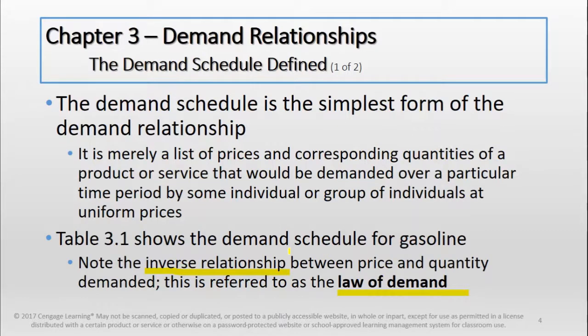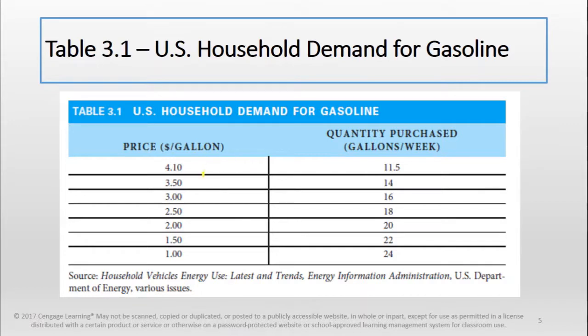You will see in the next slide that as your price decreases, your quantity purchased, or the quantity demanded, increases. This shows the inverse relationship of price and quantity. Again, you already know this from our previous chapter.